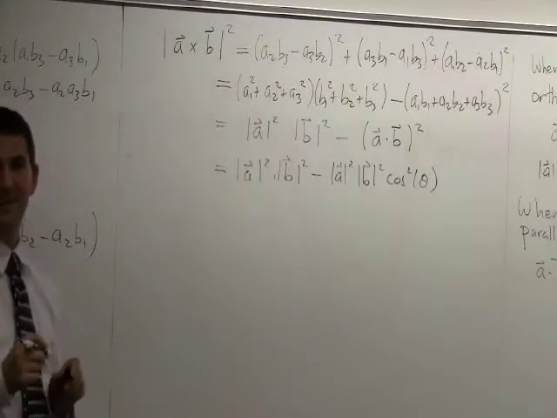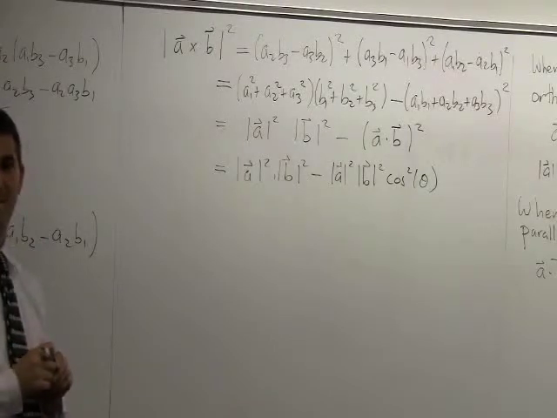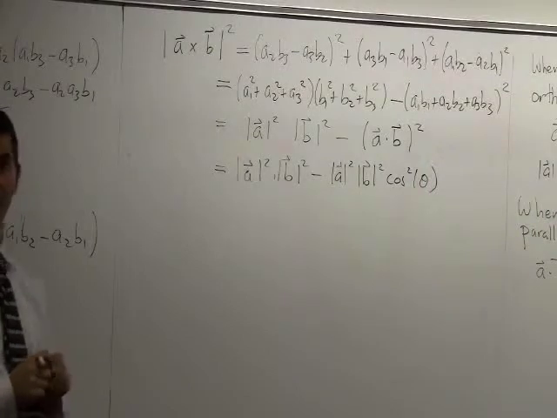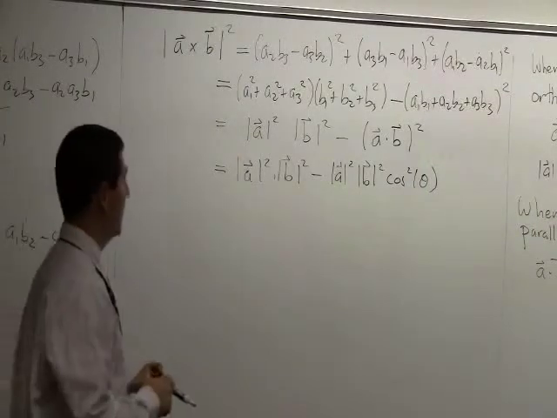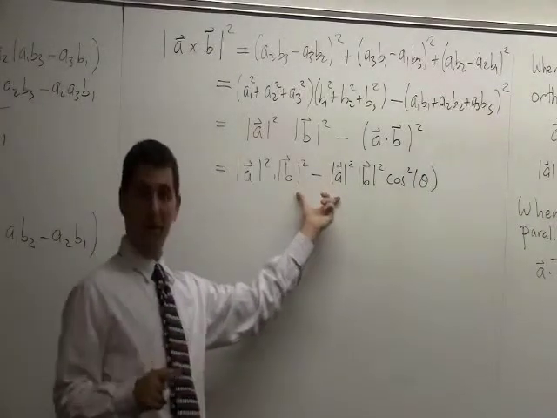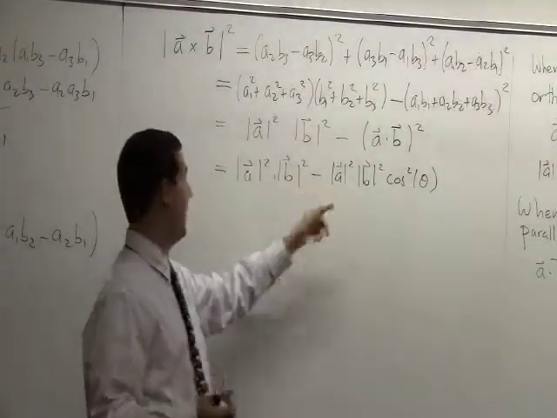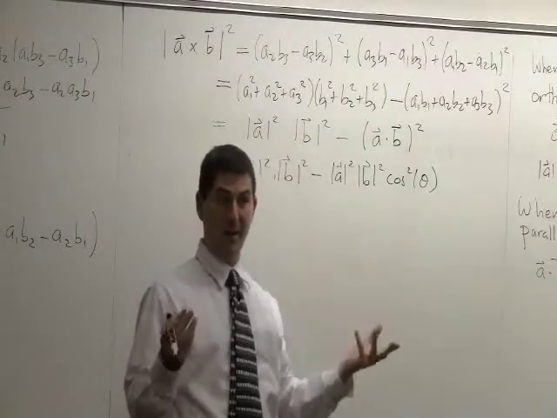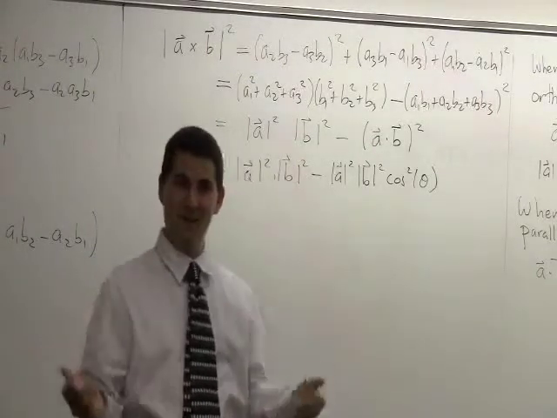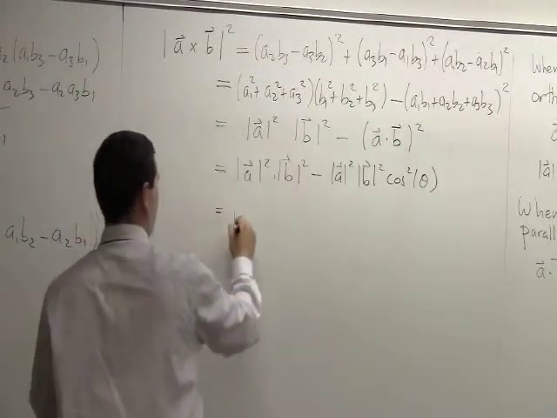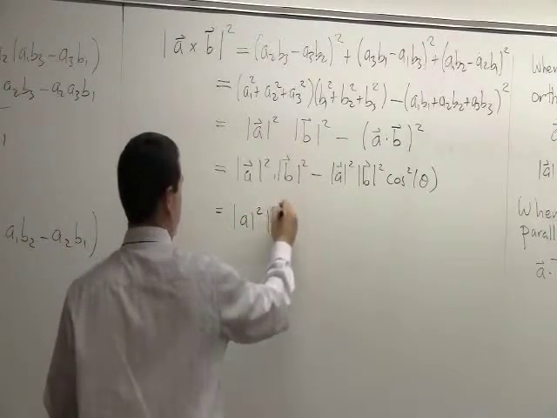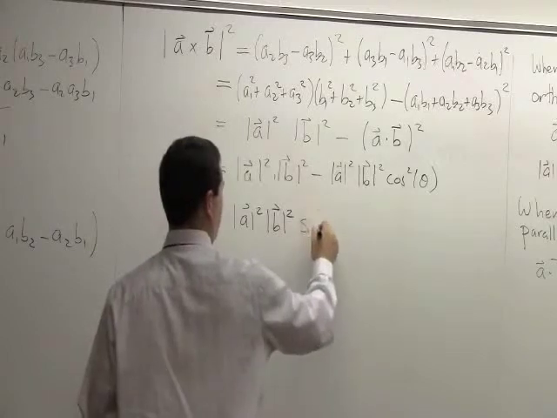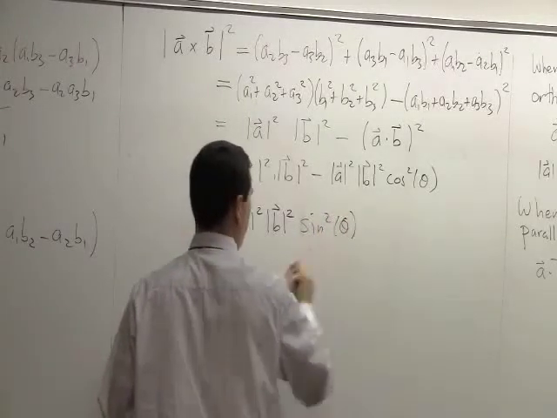Wouldn't that be equal to norm of a squared, norm of b squared, sine squared theta? That's exactly right. If I factor out norm of a squared times norm of b squared, I get left with a 1 minus cosine squared. And 1 minus cosine squared is sine squared. So this is norm of a squared, norm of b squared, times sine squared theta.